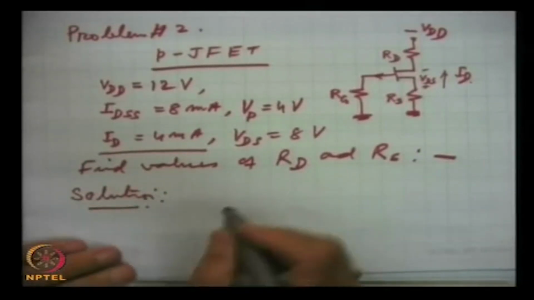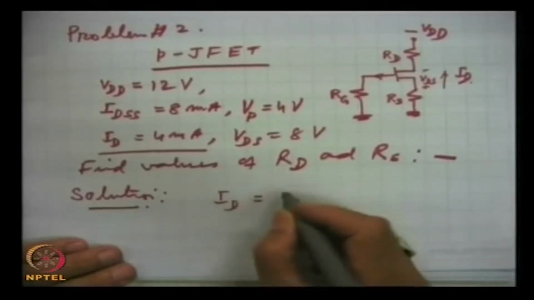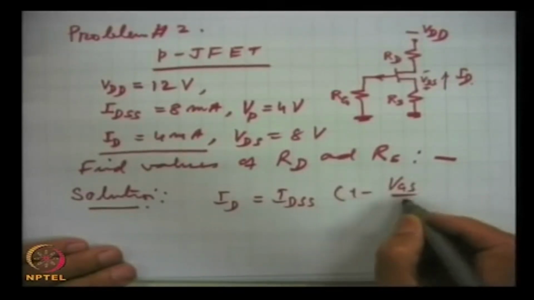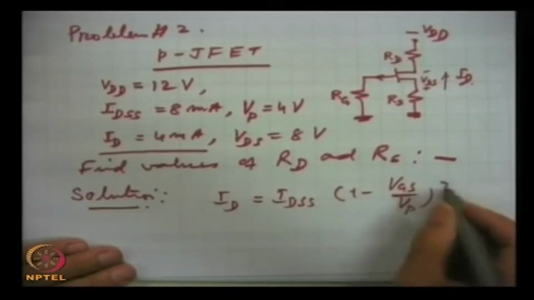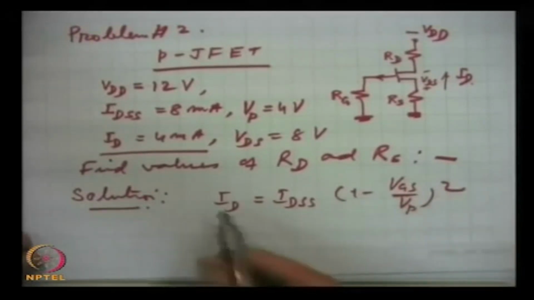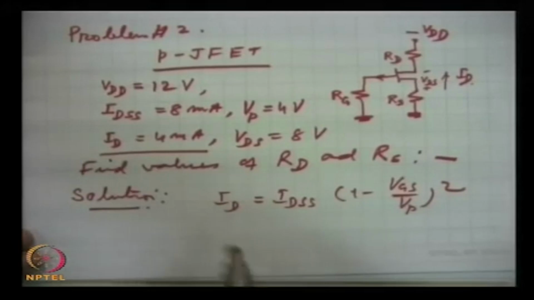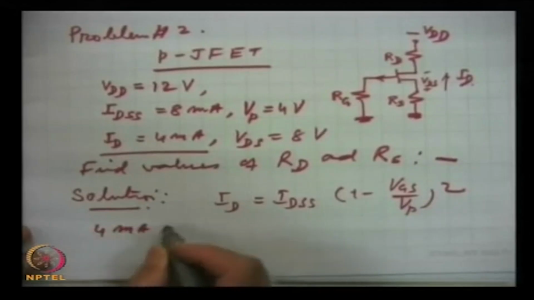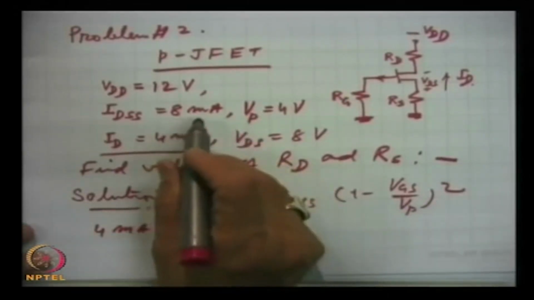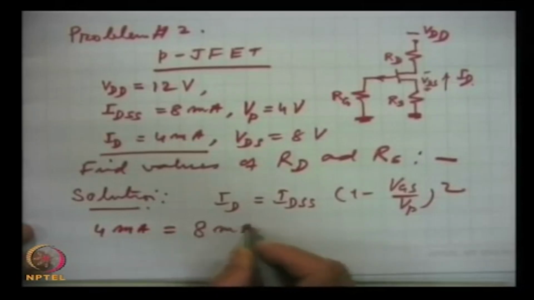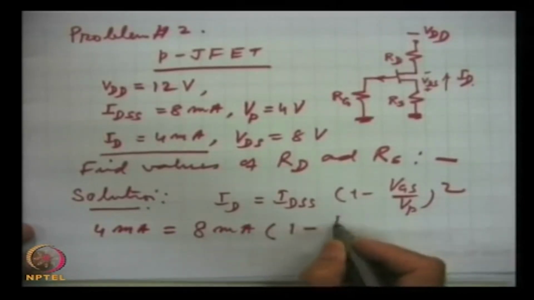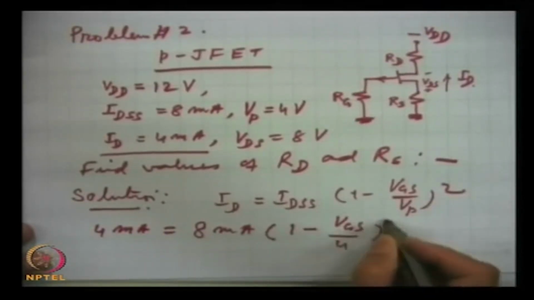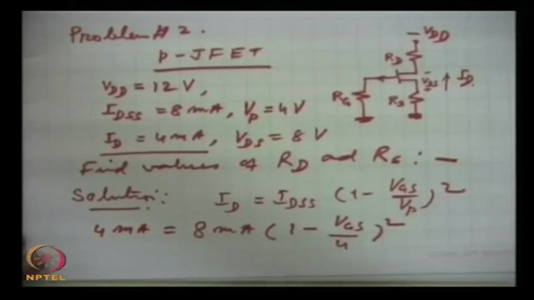For the solution, we again use the same equation. The drain current is IDSS into 1 minus VGS by VP, square, and it is given that ID is 4 milliamperes. So 4 milliamperes equals IDSS, 8 milliampere, into 1 minus VGS by 4, square.